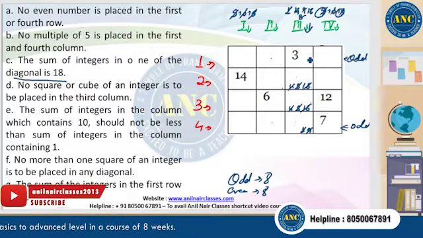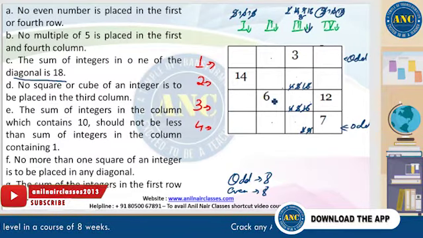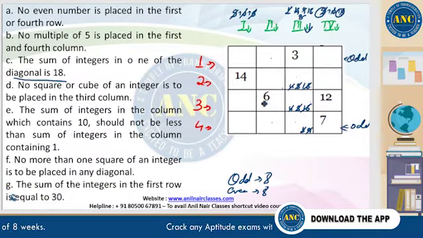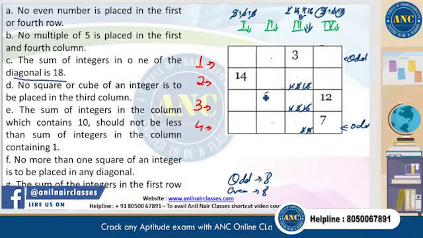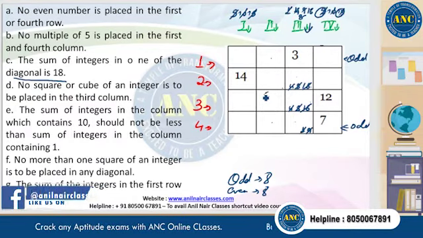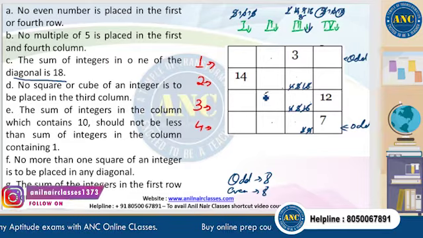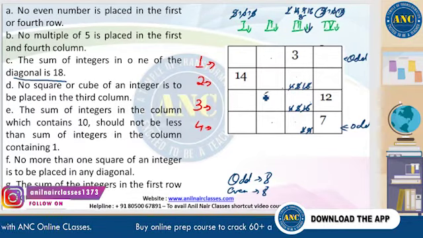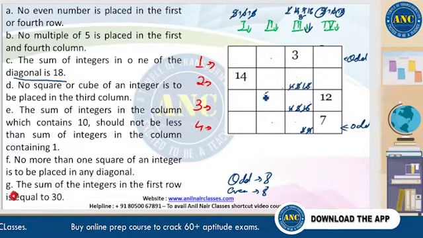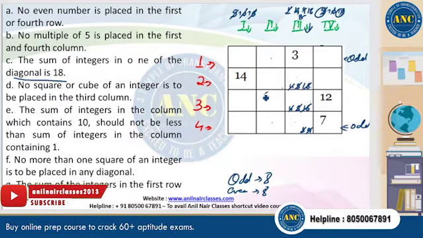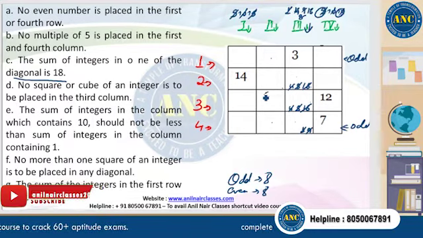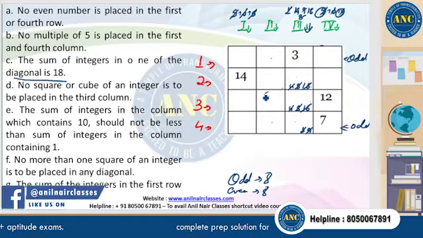If 10 is in the second column, the number having 6, then they should not be less than the sum of integers in the column containing 1. And we are yet to discover where the number 1 would be coming in.